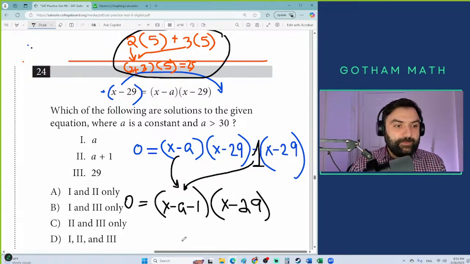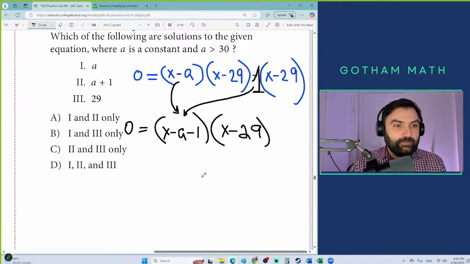Okay, what happens now? Now we can just separately set it equal to 0. So it's going to be x minus 29 equals 0, which means that x equals 29.